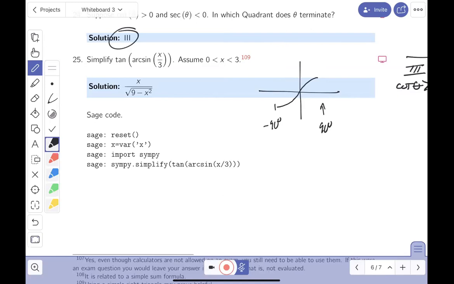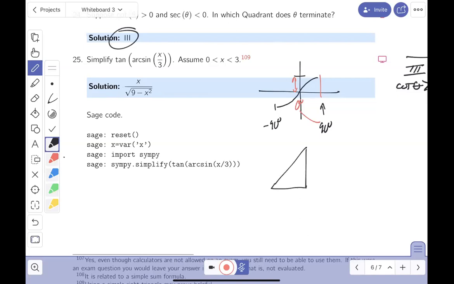Now I'm looking at this and it says the arc sine of x over 3, but the x has to be greater than 0 and less than 3. So the ratios would have to be over here. What does that mean? My angle has got to be between 0 degrees and 90 degrees. So this is going to be a right triangle problem. Let's write it down.